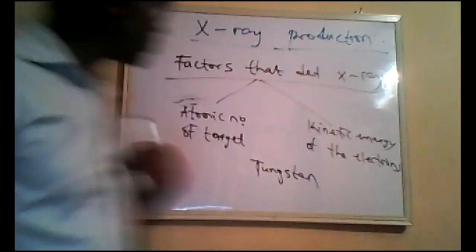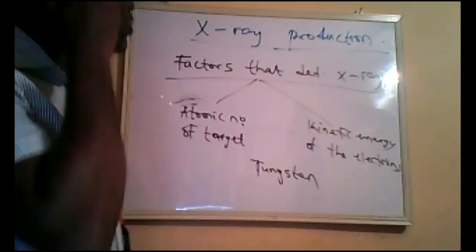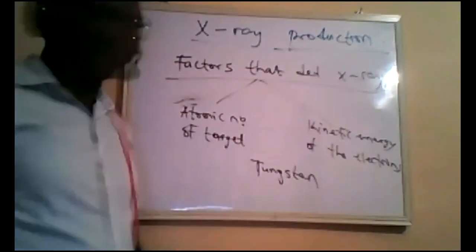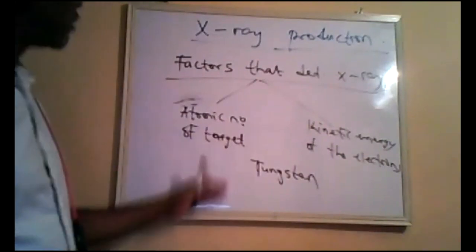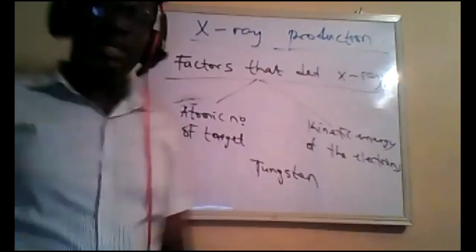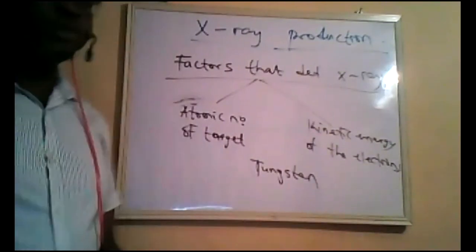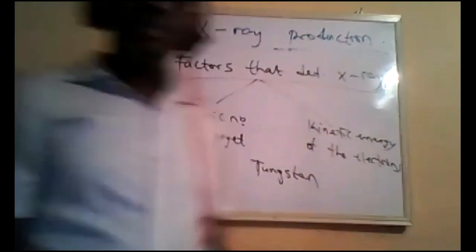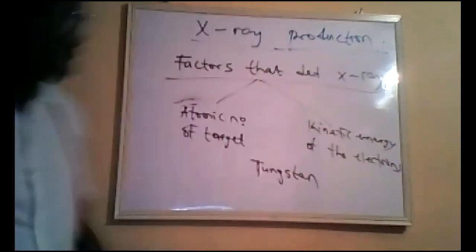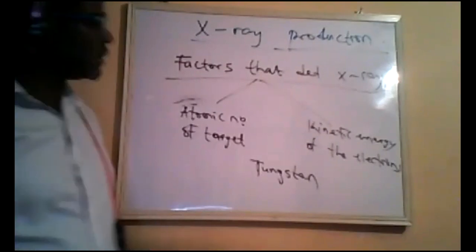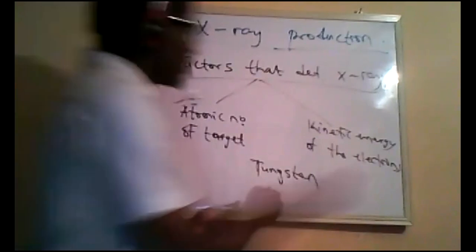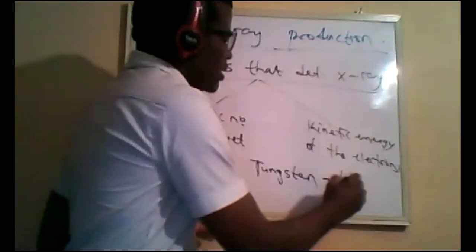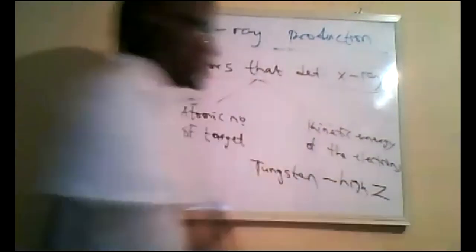Okay. I said the factors that determine X-ray production are majorly the atomic number of the target and the kinetic energy of the electrons. For the atomic number of the target, we want an element that will give us a generous amount of X-ray production, that is, a good amount of Bremsstrahlung. That is tungsten, a material with high Z number, that is, high proton number.